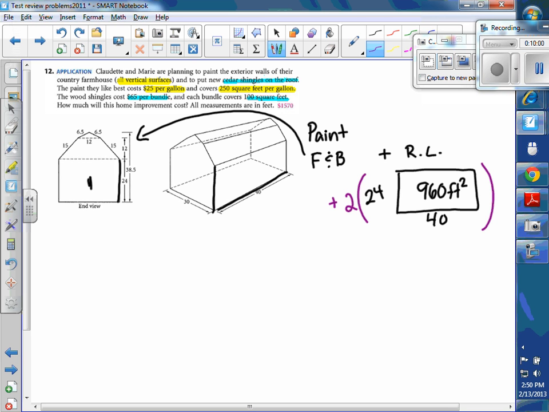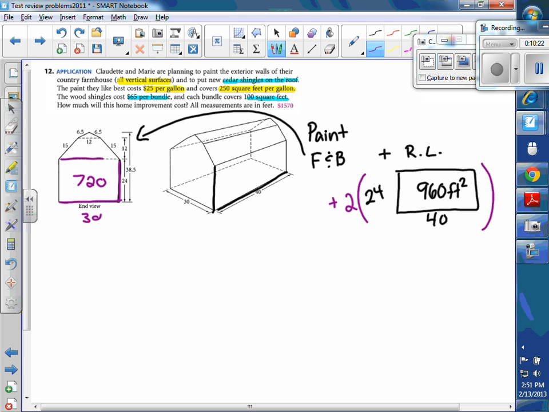So that part, everybody agrees with? Yeah. So over here, we have to get this piece. This is 30 by 24, so 3 times 24 is 72. It's just for one of them, so 720.